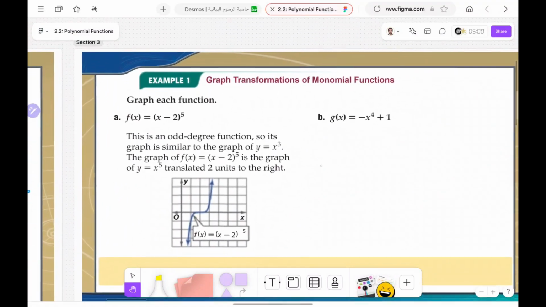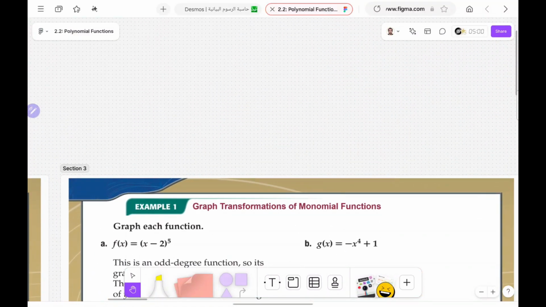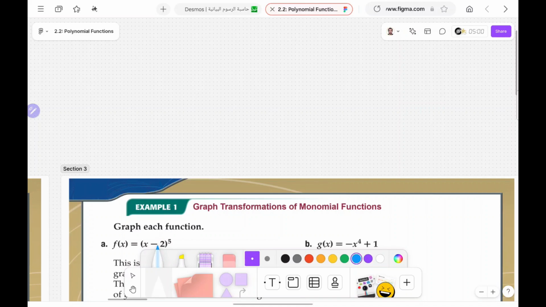Before we go through this example, let me remind you of some parts of the polynomial function. You know that when I have x to the power of 2, x to the power of 4, or x to the power of 6, when the power n is even, the graph will always be like a parabola. I think you remember this one.